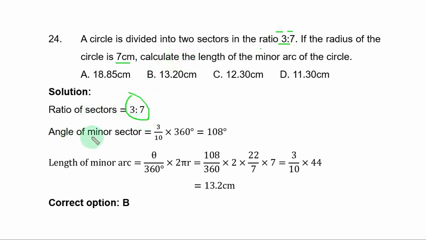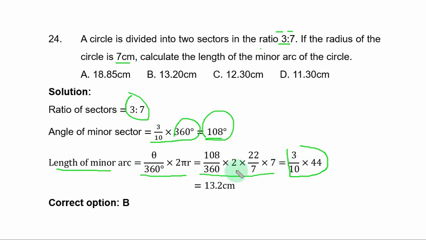So the angle of the minor sector is 3 over 10 times total angles in the circle, and that is 108 degrees. This angle also becomes the angle of the minor arc. So the length of the minor arc is equal to this, which gives this when you replace all the given parameters with what they stand for. That becomes 3 over 10 times 44, and you have 13.2 centimeters. B is the correct option.